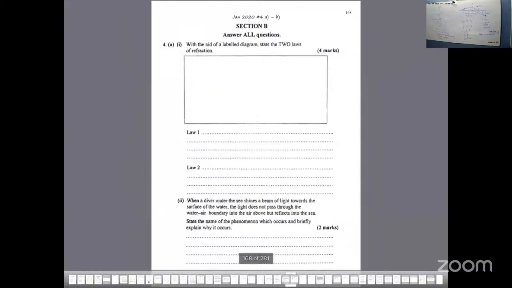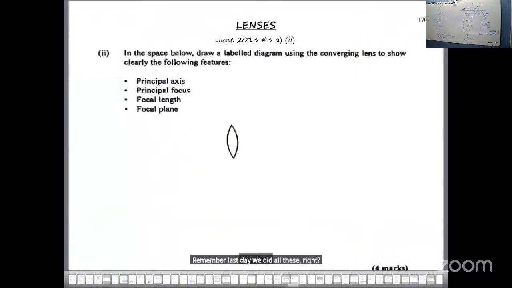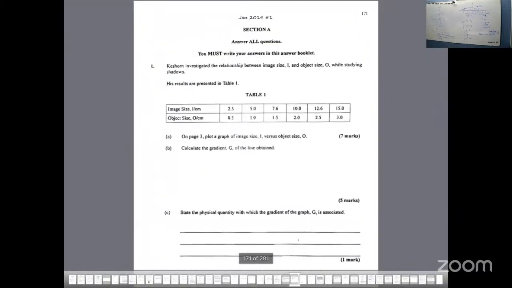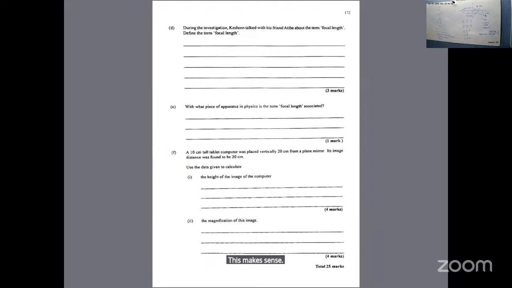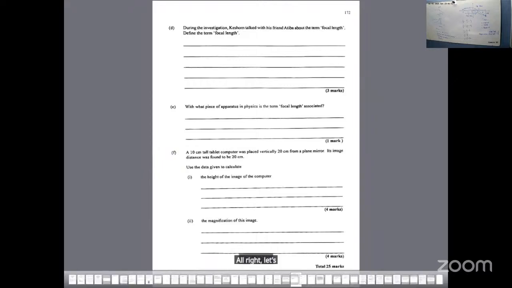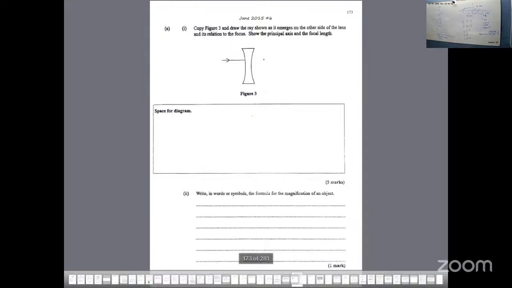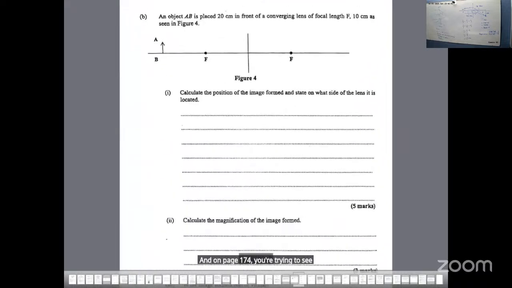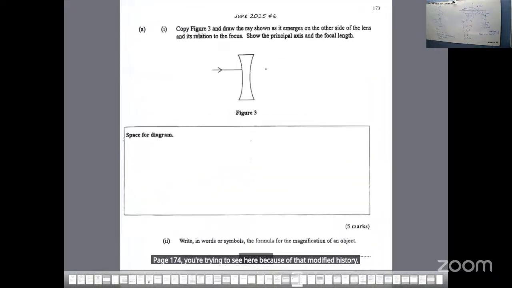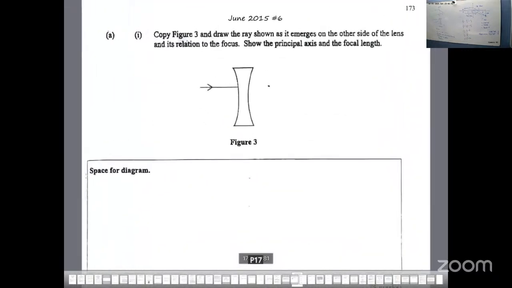Remember last day we did all these. Let's start here. We're starting on page 174. Page 173, 2015, number 6. So go to the topic by topic, page 173, number 6.